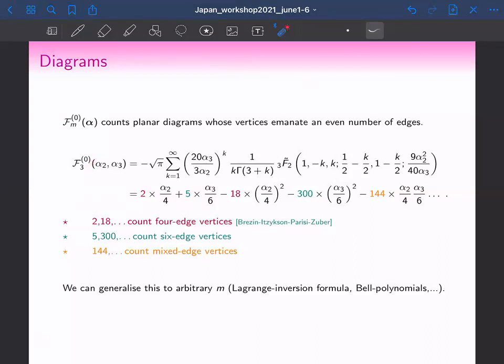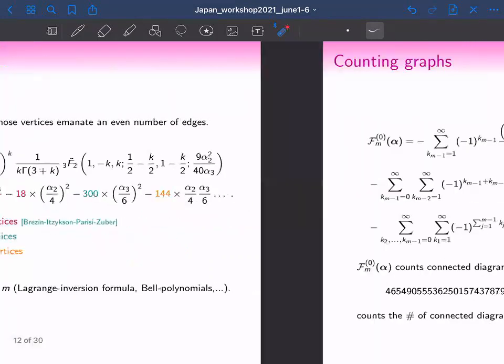So these are diagrams that I can draw on a sphere. For example, 144 is the number of diagrams with 2 vertices, where each of these vertices emanates 4 or 6 edges. And of course, it's possible to generalize this to arbitrary m. So there are very beautiful combinatorial techniques.